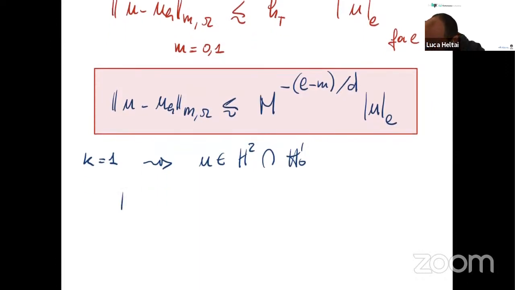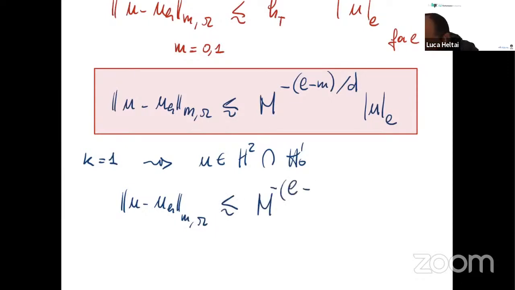Then what you can say here is that the norm of u minus u_h in H^m(omega) is smaller or equal than m to the power minus L minus m over d, and in this particular case we know what L is. L is k plus 1, which is 2, times the H2 norm of the function u.